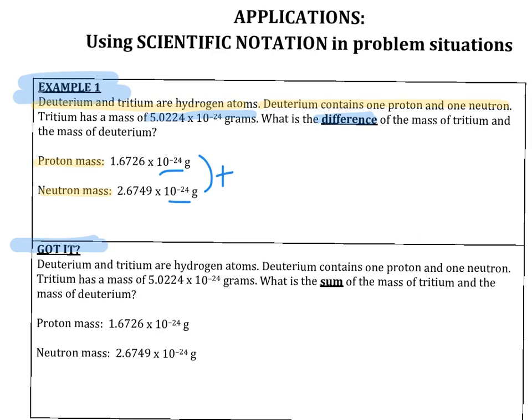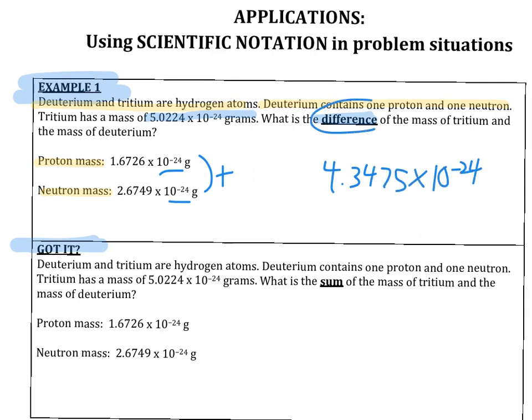So if we add 1.6726 and 2.6749 together, these exponents stay the same. When we add and subtract, the exponents do not change, but we can add the coefficients together since they are common exponent bases and powers. And so when we combine those together through addition, what we get is 4.3475 times 10 to the -24th.